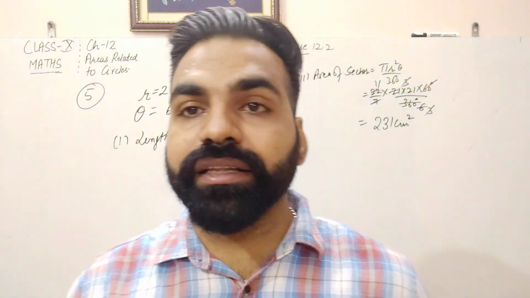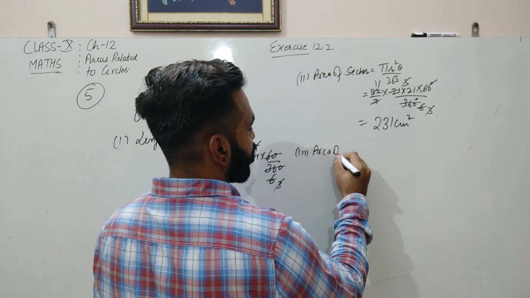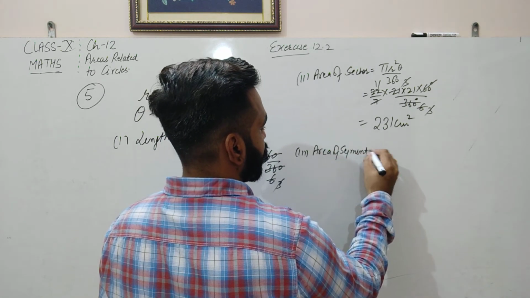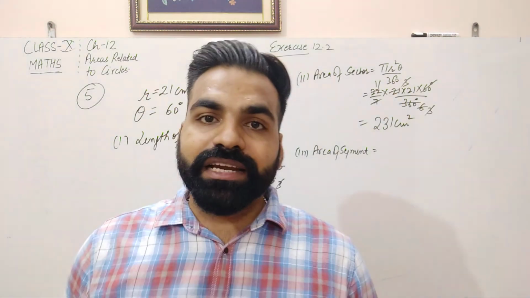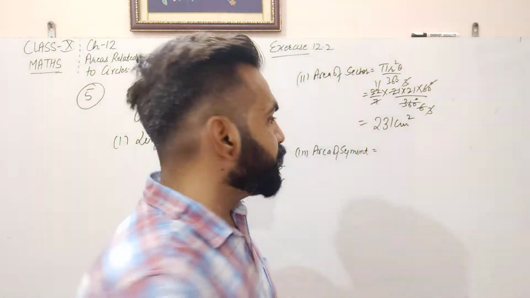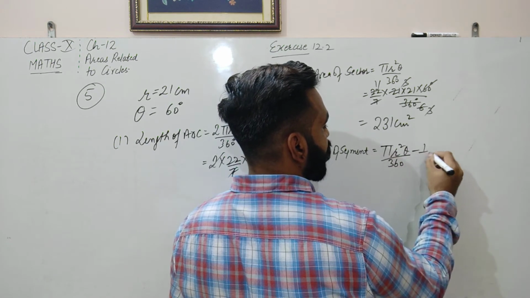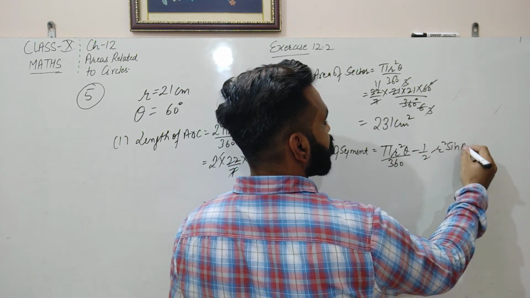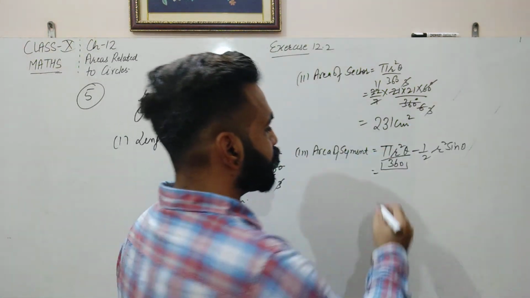Third, we have to find the area of the segment. So area of segment is equal to area of the sector minus half r square sine theta. Pi r square theta by 360 minus half r square sine theta. This value we have already calculated. This is equal to 231.